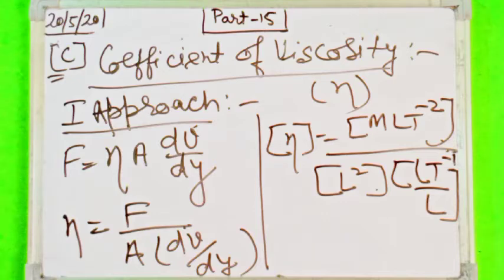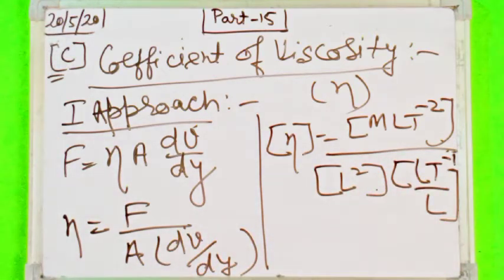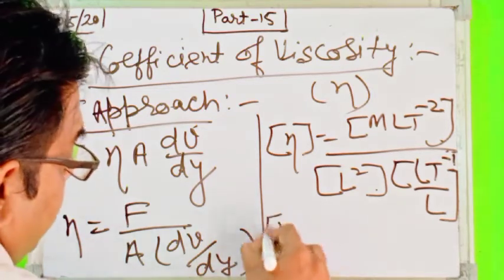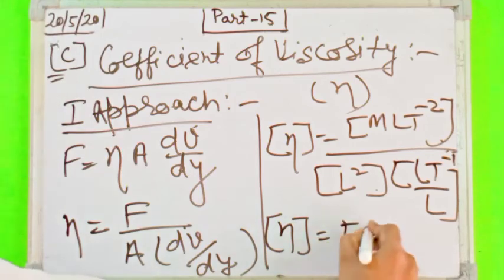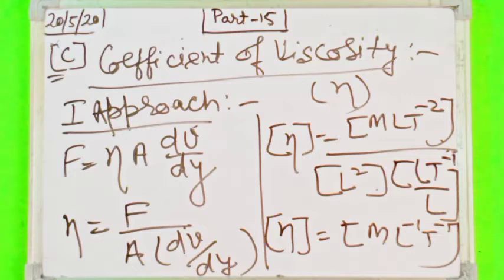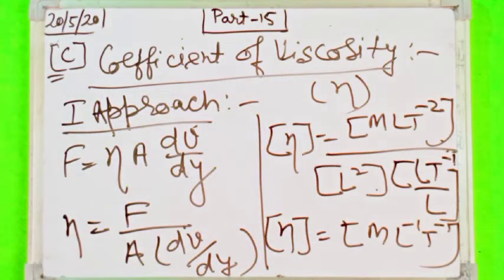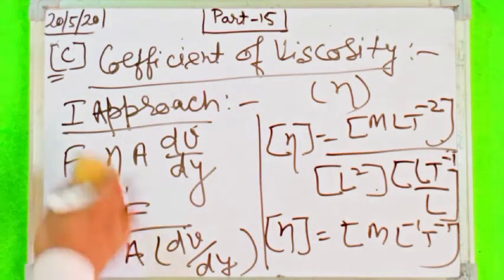Now solve it, and you will get the dimensional formula as M L minus 1 T minus 1. This is Newton's formula for viscosity, which later on you will study.